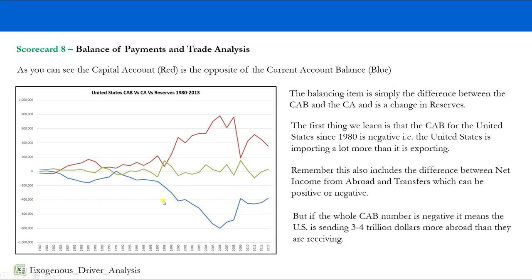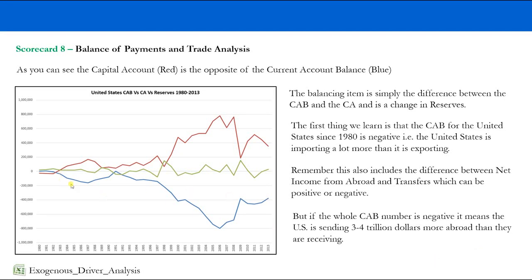So we're looking at a minus $3 to $4 trillion value that's negative. So negative $3 to $4 trillion is going out relative to what's coming in, going out to pay for imports versus what's coming in to pay for US exports going abroad.